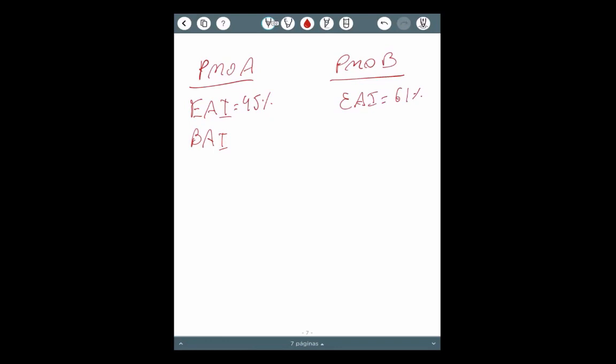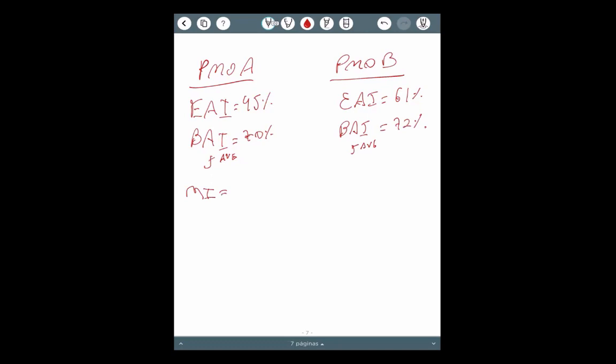The average BAI for the 5 most important benefits for PMO A was 70. And the average BAI for the 5 top benefits for PMO B was 72.